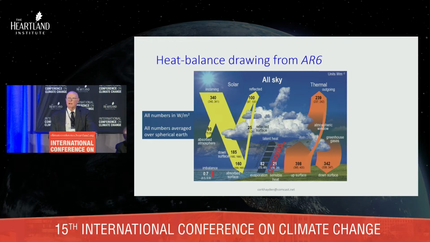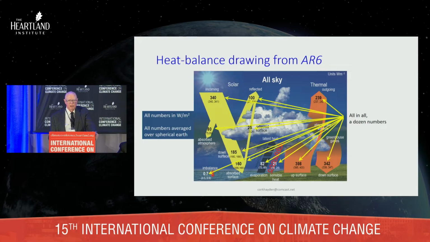The heat that goes into the atmosphere equals the heat leaving the atmosphere. The heat that goes into the surface equals the heat that leaves the surface. So they have these examples in here, and there are a total of about a dozen numbers. In fact, I think I counted there are 12.